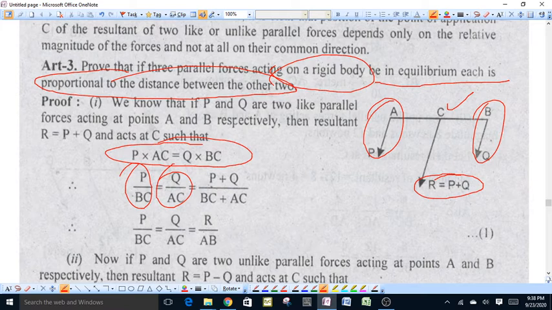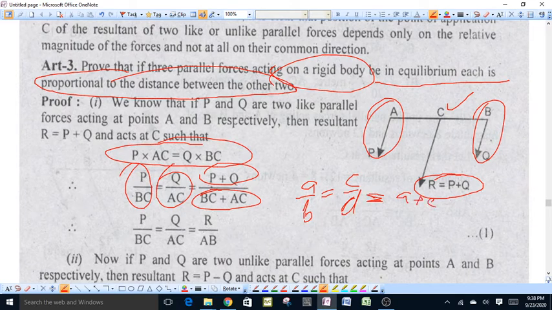componendo, P plus Q will be equal to BC plus AC, because in ratio and proportion we have studied that if A upon B is equal to C upon D, these two ratios being equal, then the ratio of the sum of numerators A plus C over the sum of denominators B plus D is also equal.